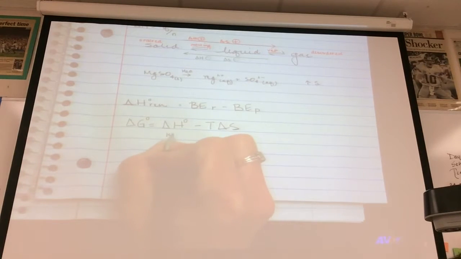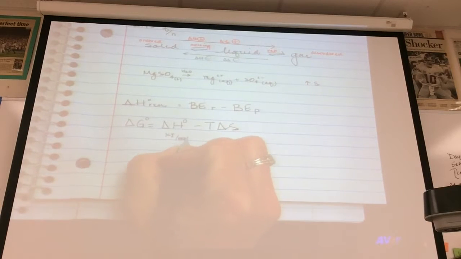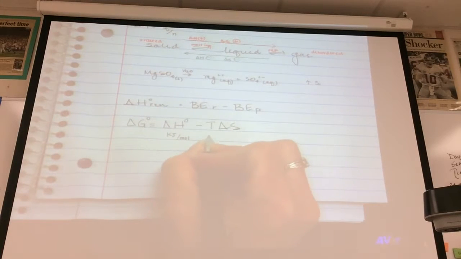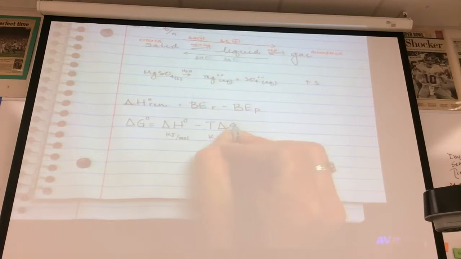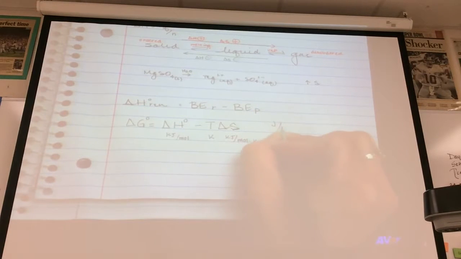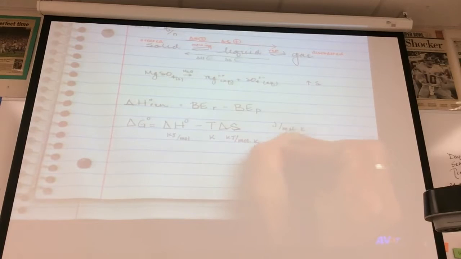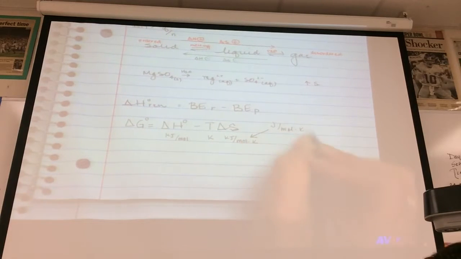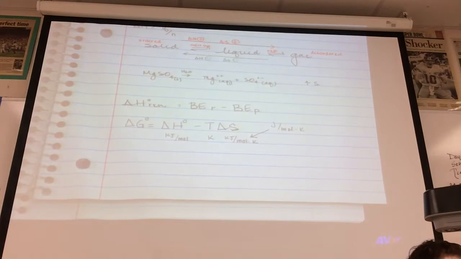This is going to be in kilojoules or kilojoules per mole. When you do this, you better get Kelvin here, and you better get this in kilojoules per mole Kelvin. The delta S most likely is going to be in joules per mole Kelvin. You will divide by 1,000 or move the decimal 3 to the left. To go from degrees Celsius to Kelvin, you add 273. Keep it simple.